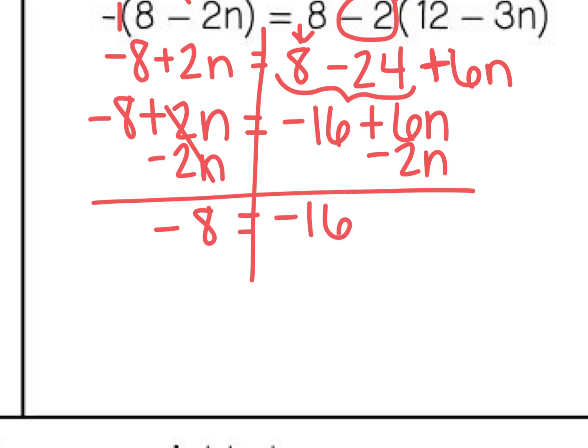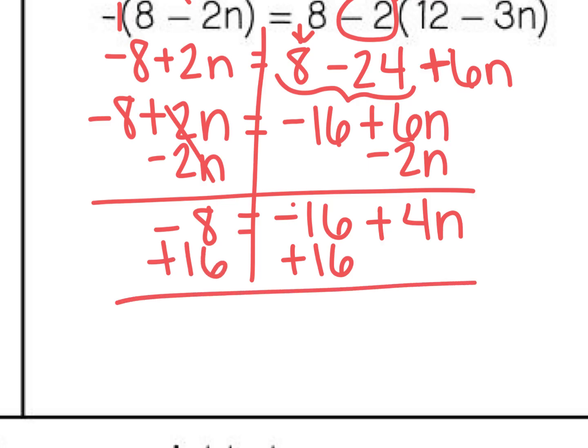Negative 16, what do we have? How many n's? Plus 4n. Now, middle school problem. Move your constant. What's your constant? The negative what? Negative 16. So we're going to add. Show me all the steps, right? 8 equals 4n.